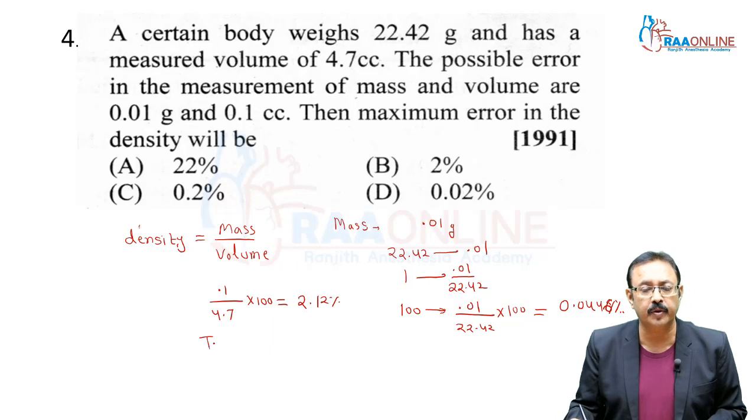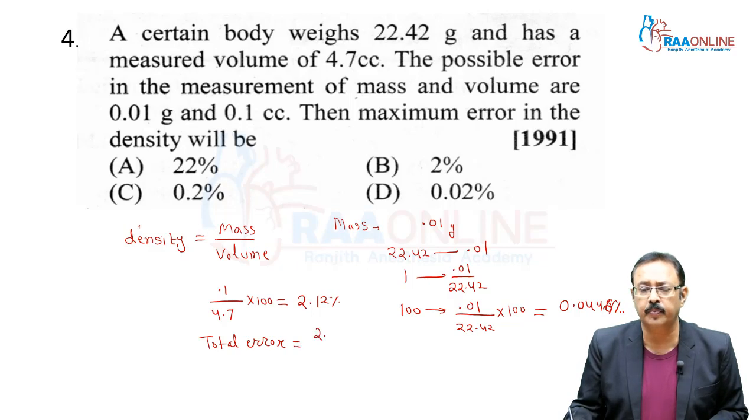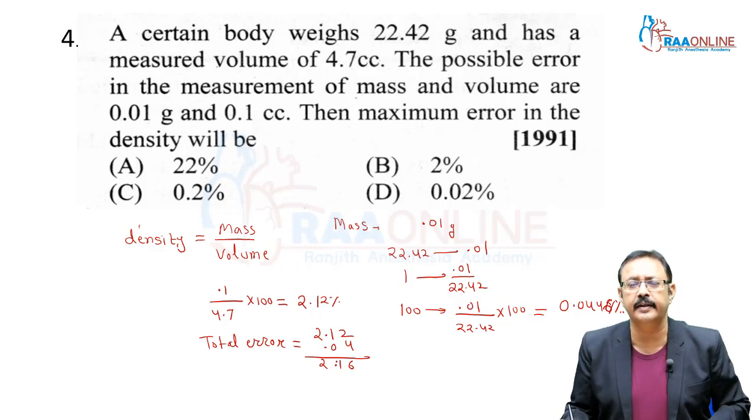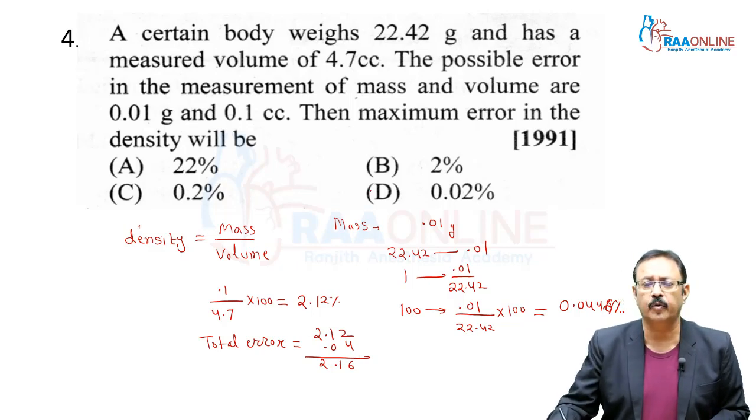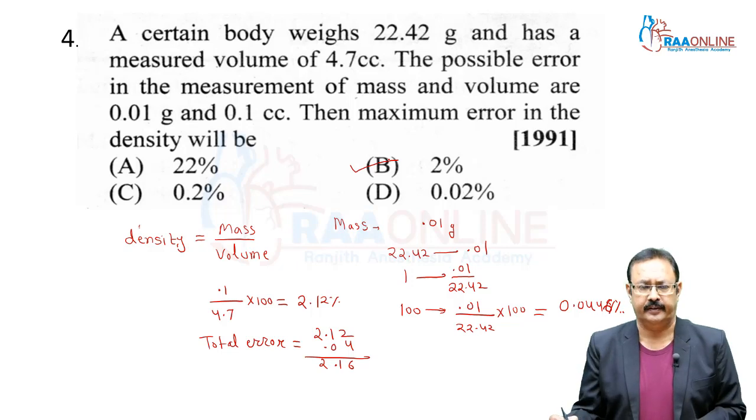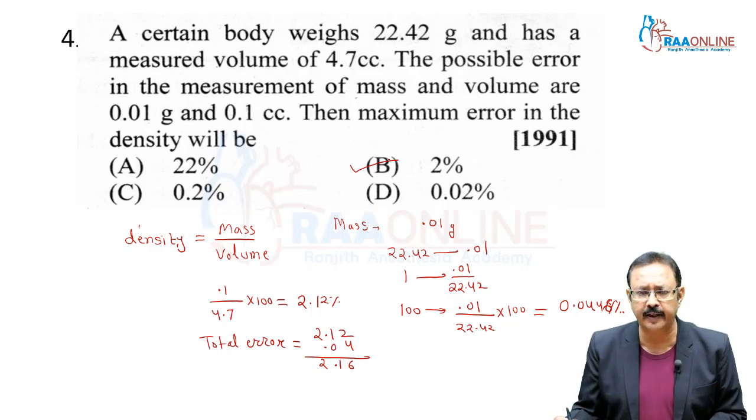So what should be total error? Total error should be 2.12 and 0.044. 2.16 nearly. So we are going with option B. The problem was not very tough, only little bit calculation was there.